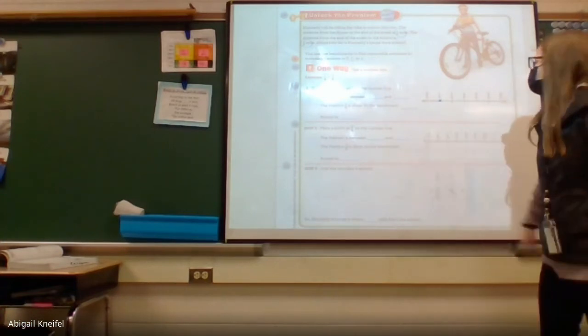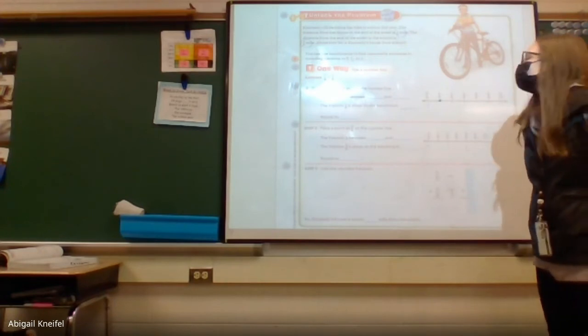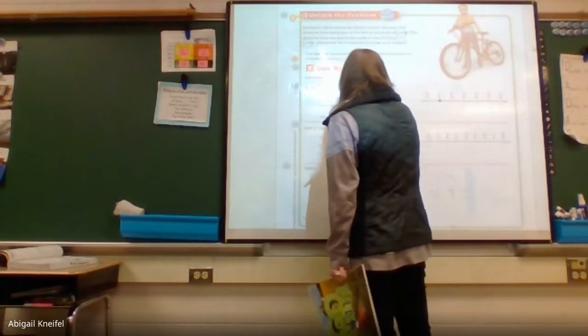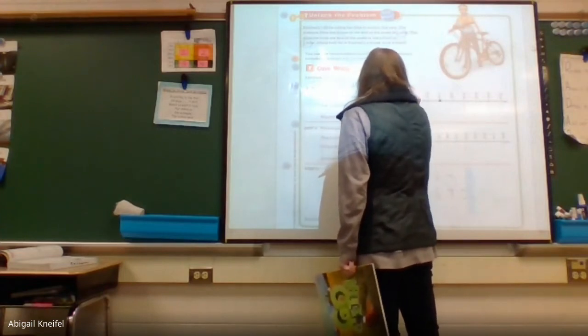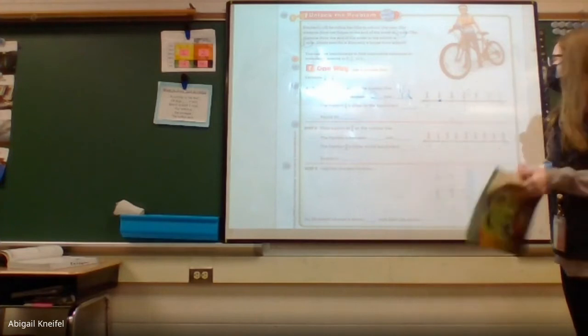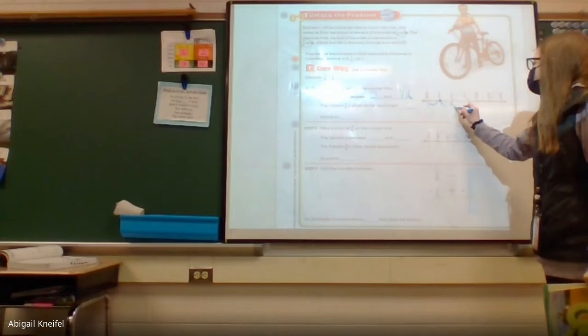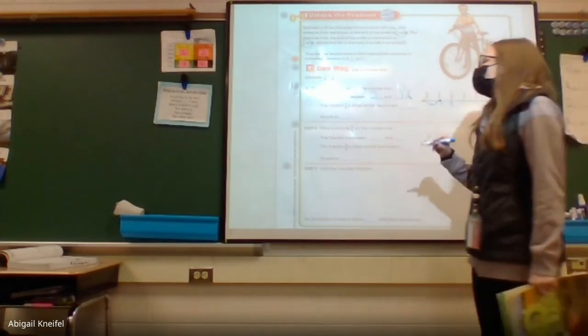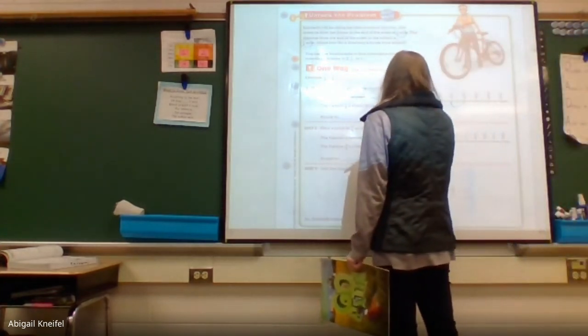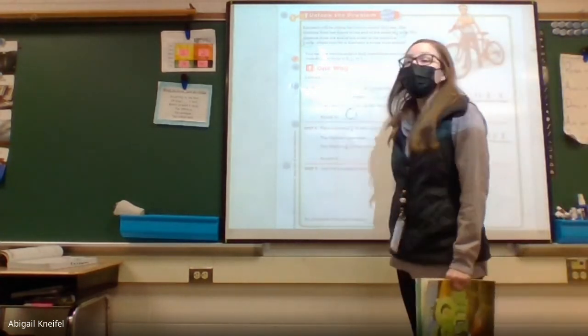So it's between what benchmarks? 0 and 1/2. Correct. But which one is it closer to? 0. Yes, it's 1 away from 0. It's 2 away from 1/2. So the fraction 1/6 is closer to the benchmark 0. So we're going to round it to 0.